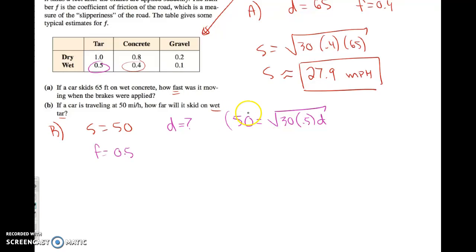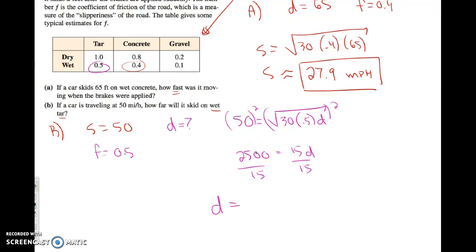To undo the radical, we square both sides. 50 squared is 25 with a couple zeros after it. The square undoes the square root. Half of 30 is 15. Divide both sides by 15. Gosh, I could probably simplify that.